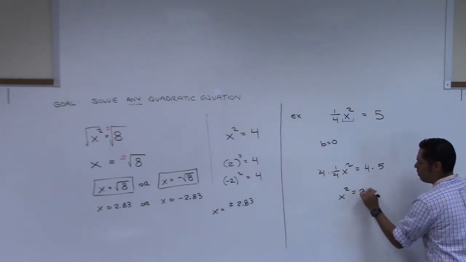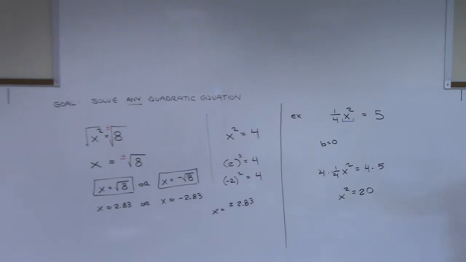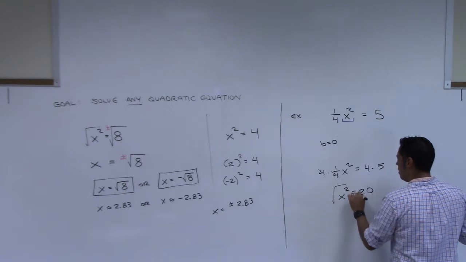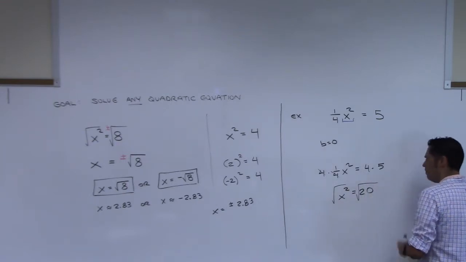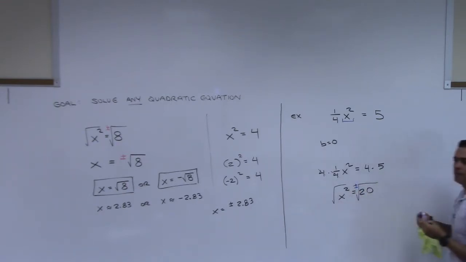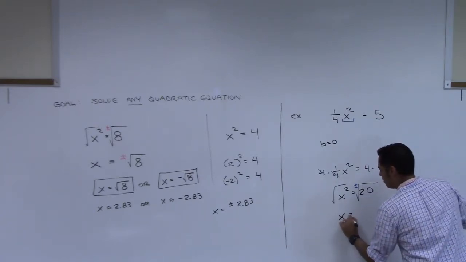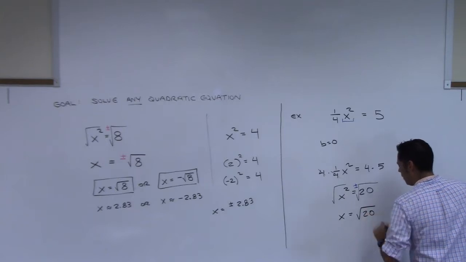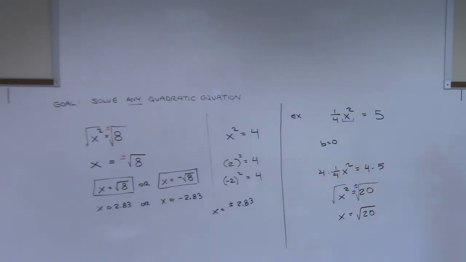And then the very important next step, square root both sides, right? And when you square root both sides, you must remember to have plus or minus here. Plus or minus. Don't forget the plus or minus. So x equals plus or minus root 20.